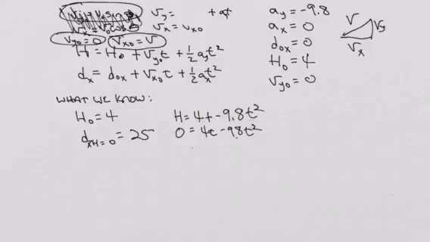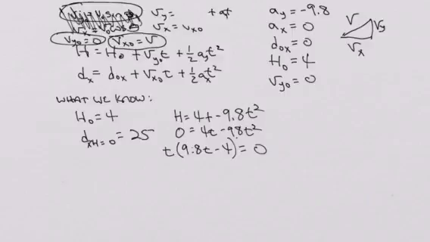I'm going to rewrite it. I'm going to take the right side, move it to the left side, and say that that's equal to t times (9.8t minus 4) equals 0. Make sure you can follow how I got to that from this equation. They're equivalent.